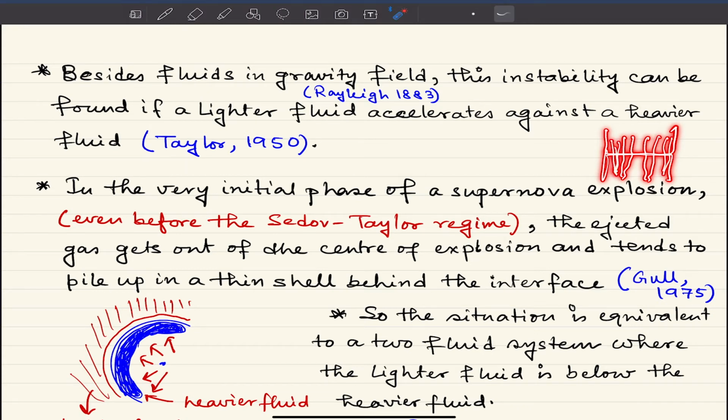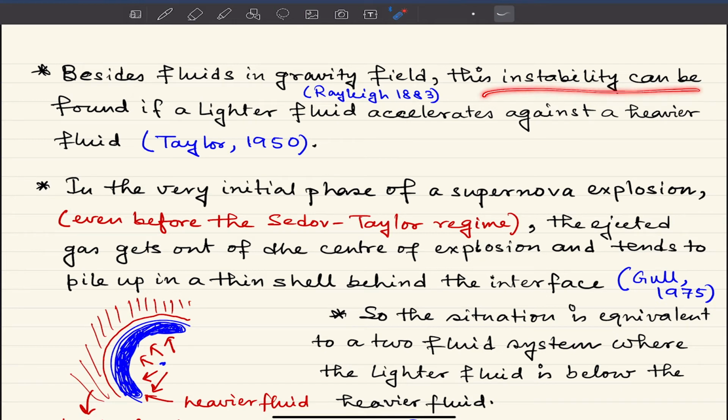Okay, so it penetrates this fluid gradually so that the final destination is that it goes down below the lighter fluid. Okay, of course this is a very interesting case for fluids in a gravity field, which was observed by Rayleigh in the year 1883.